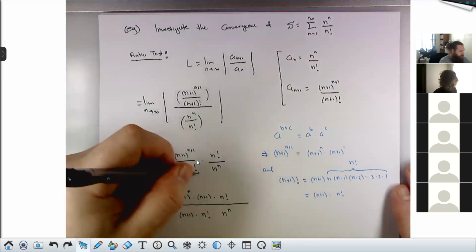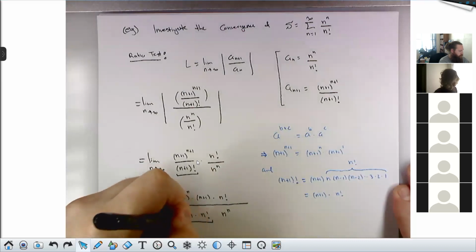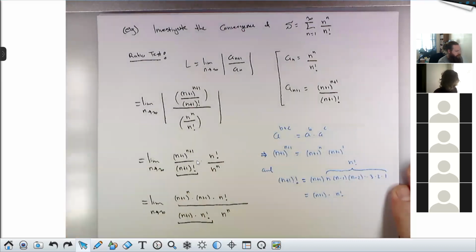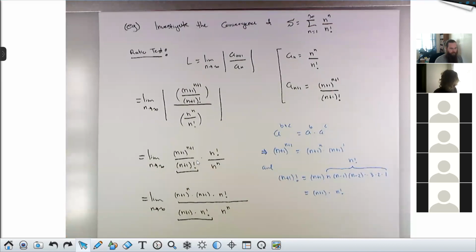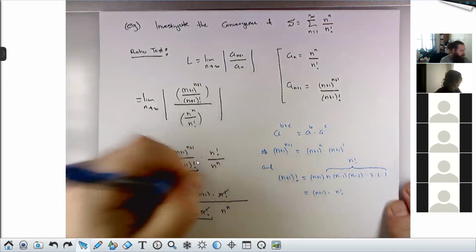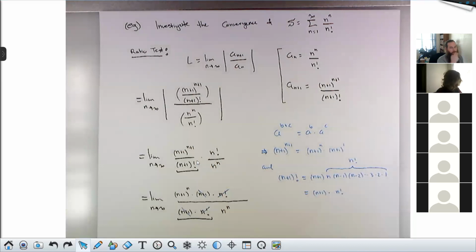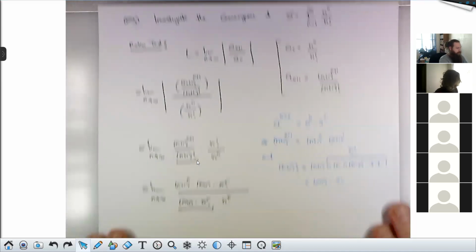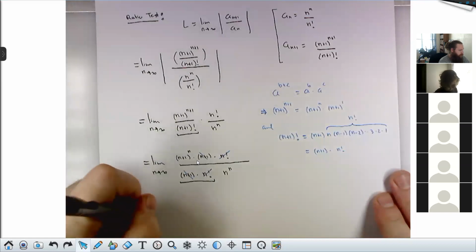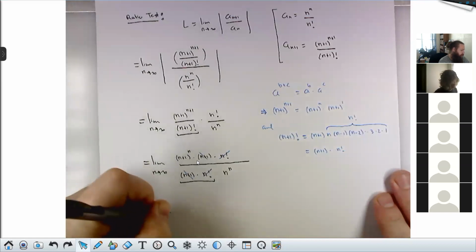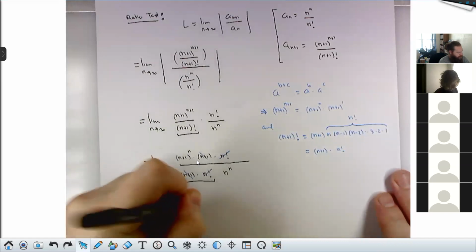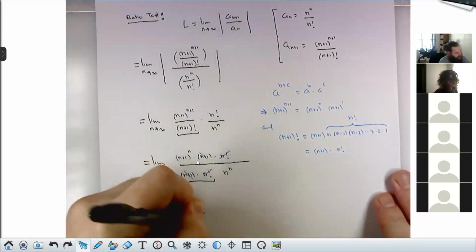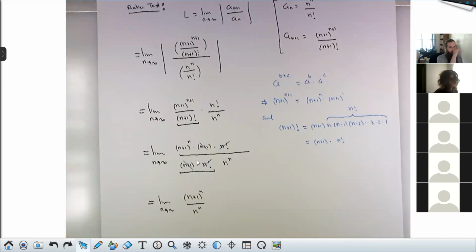The sweet thing, of course, is that the (n+1) times n factorial pieces all cancel, and I'm left with (n+1) to the n over n to the n. Either one of those on their own would be a little bit hard to deal with, but as a ratio, they're much more manageable.